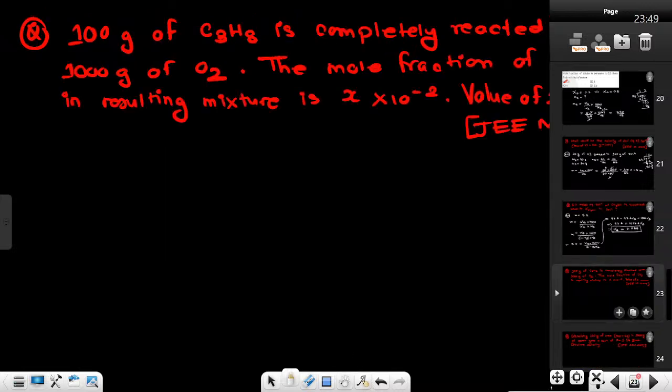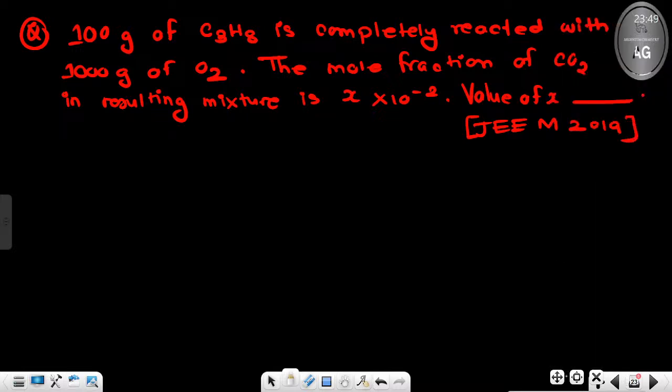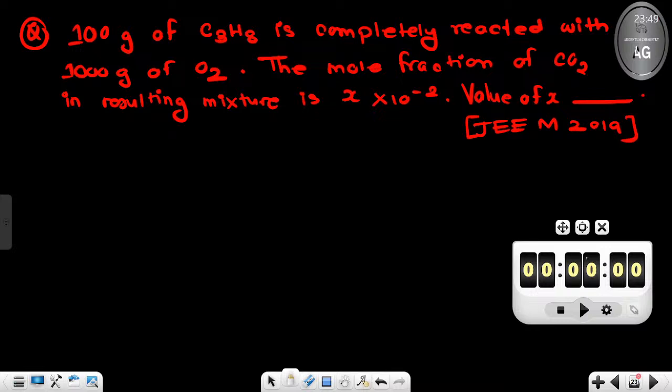Next question, I'm giving you exactly 2 minutes to solve the question. The JEE Mains 2019 question. Even if I say the name of the app, they also will not get it, because it is extremely hidden.